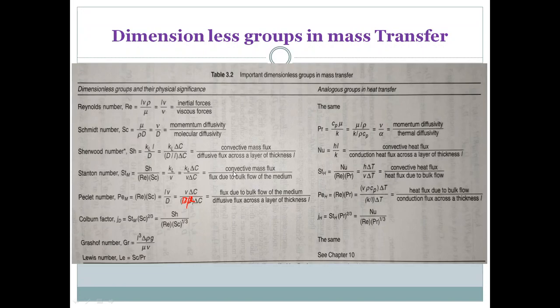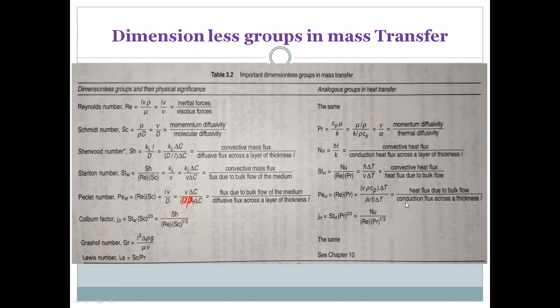In this case it will be convective mass flux, that is k delta C, over flux due to bulk flow in the medium, that is V delta C. Delta C will be cancelled out, so k by V. Then the Peclet number was heat flux due to bulk flow over conduction flux across the length L. In this case it will be mass flux due to bulk flow of the medium divided by diffusive mass flux across the layer.